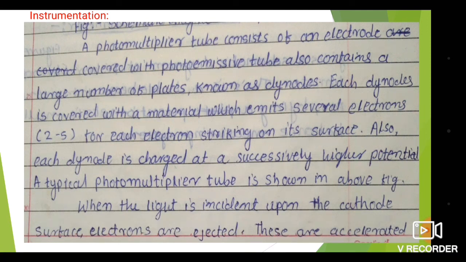It can be used to measure intensities about 200 times weaker than those measurable with photoelectric cells and amplifier. The response time of the photomultiplier tube is about 10 to the power minus 9 seconds. A photomultiplier tube must be carefully shielded from stray light.